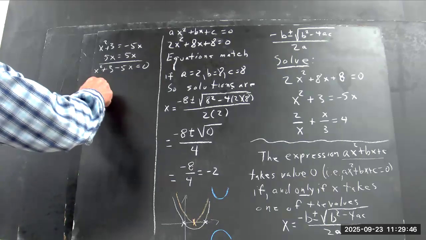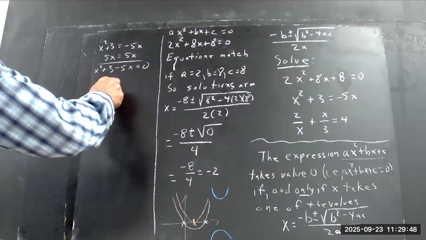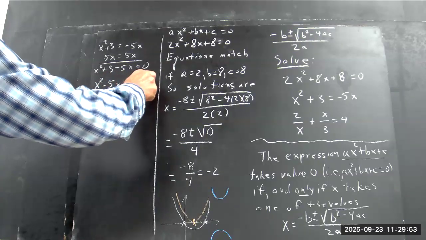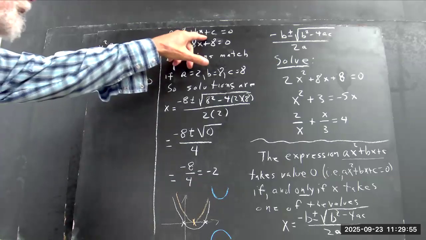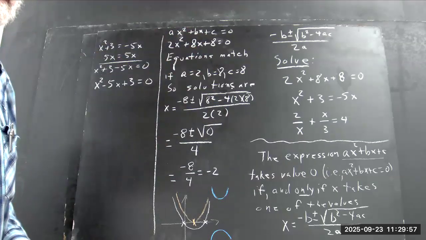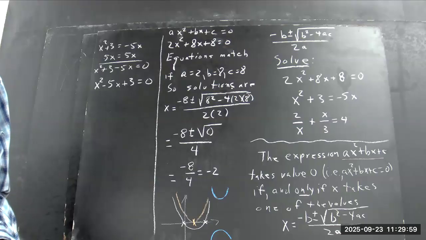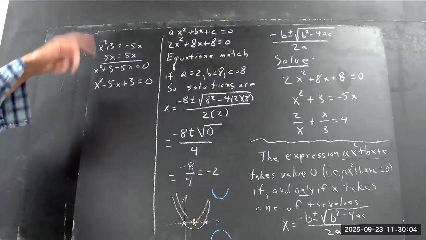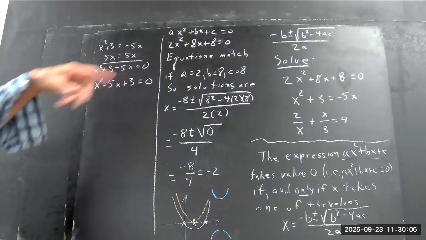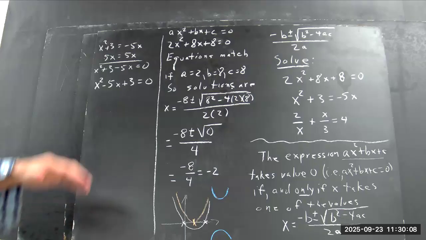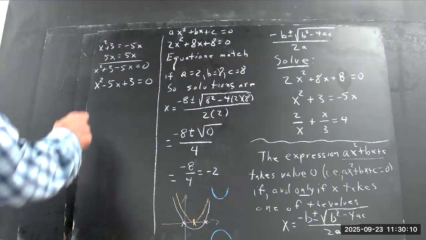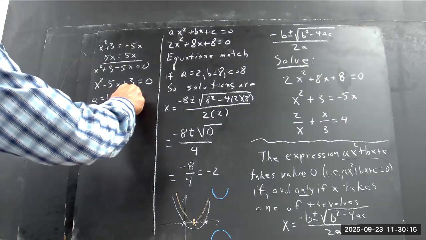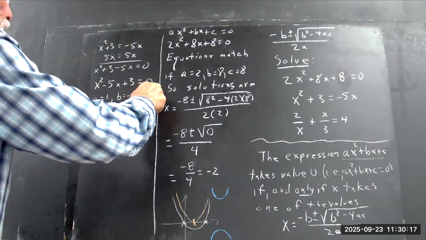I recommend you put it in order of descending exponents so it completely matches the given form. Okay, just a little confusing to look at this and get the numbers right. You could easily think that b was 3 and c was negative 5. Okay, so we put it into this form, so a equals 1, b equals negative 5, and c equals 3.